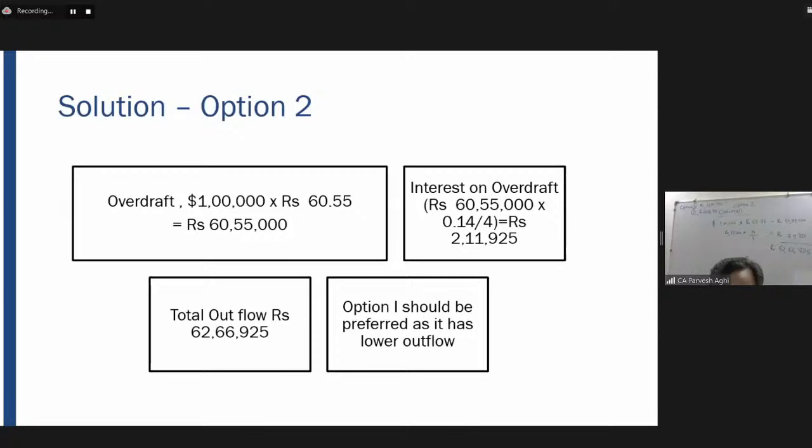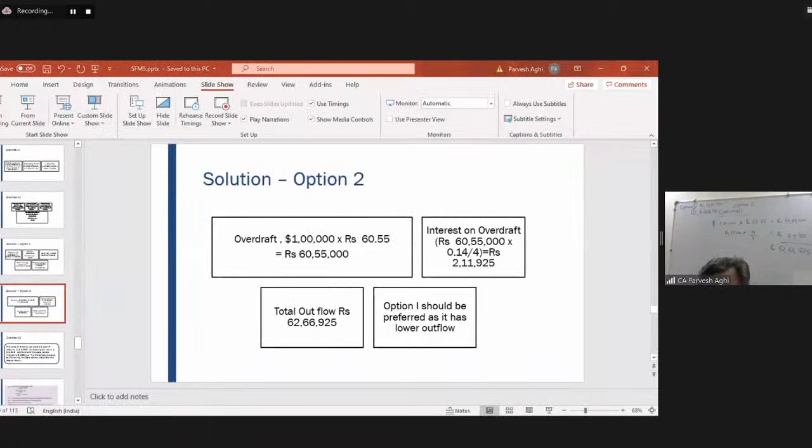We will move on now to the second chapter for the day. What we'll be covering today is the currency futures market. I hope the screen is visible to you all.